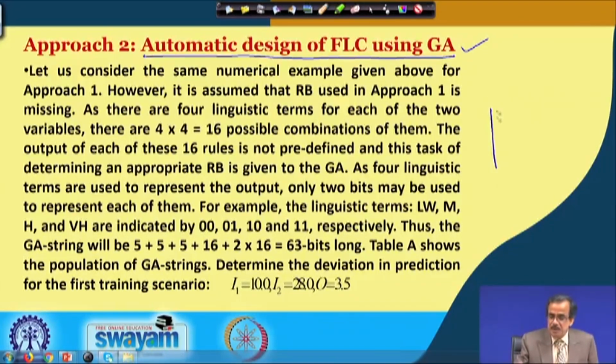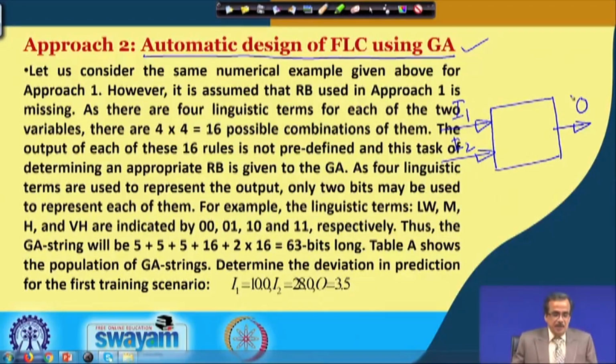Our aim is to design and develop the knowledge base of one fuzzy reasoning tool or fuzzy logic controller, whose aim is to model a process having two inputs, I 1 and I 2, and only one output, that is O. We have already discussed that 4 linguistic terms are used to represent I 1, I 2 and the output O. The linguistic terms could be very low, low, medium, high, or low, medium, high and very high.